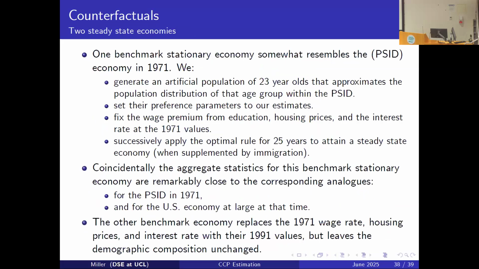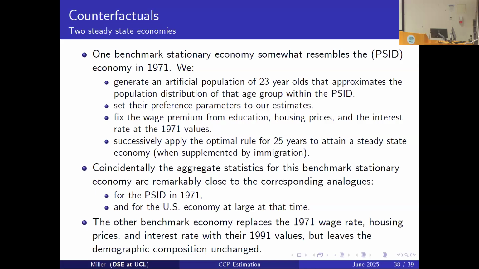All right, just to clean up for a minute. So first of all, we generated an artificial population of 23-year-olds, reflecting the population distribution, okay? But within that, set their preferences to our estimates.